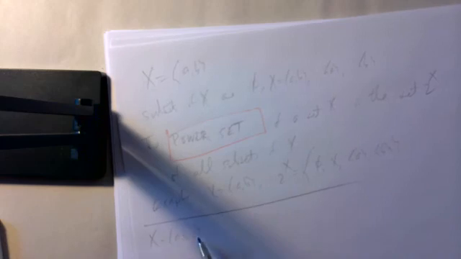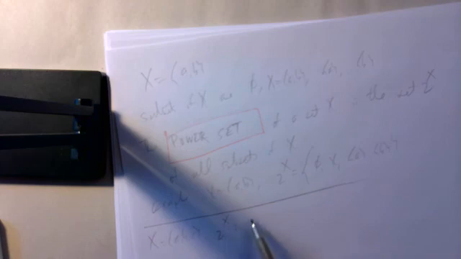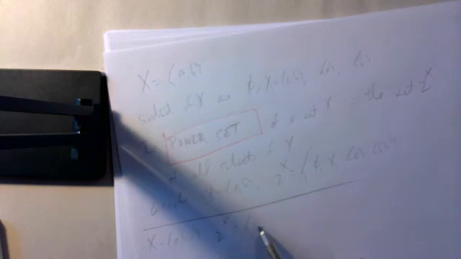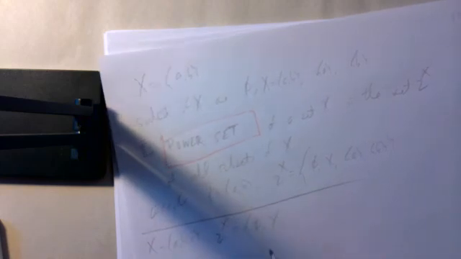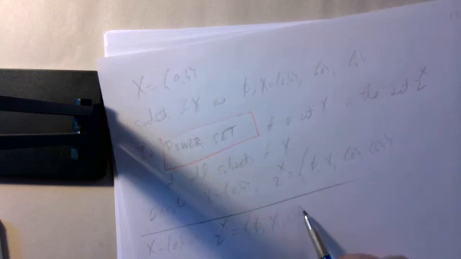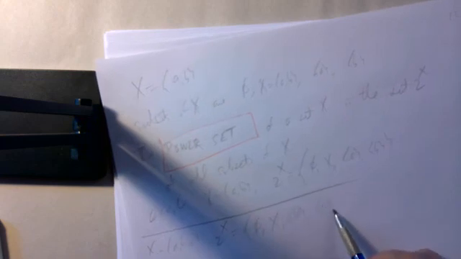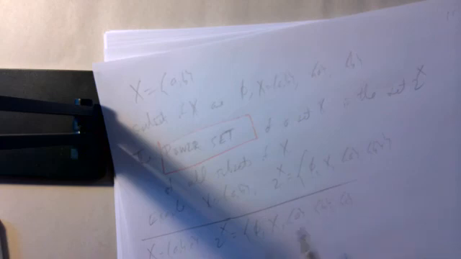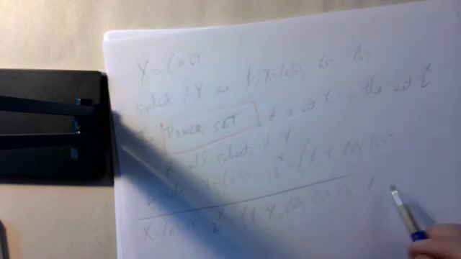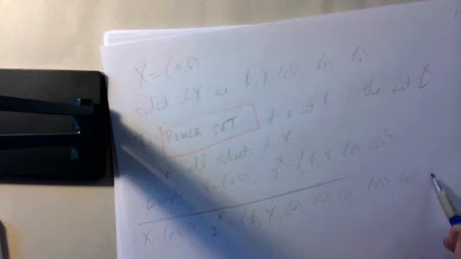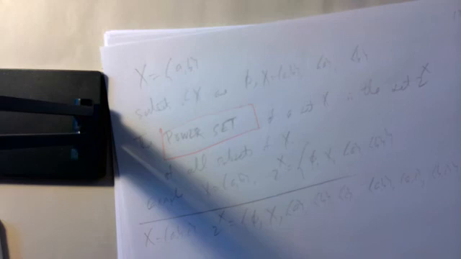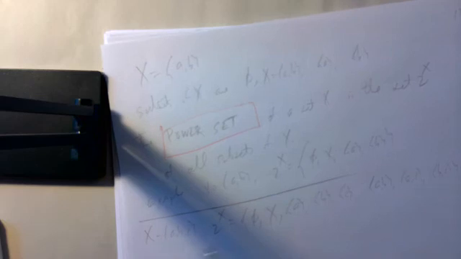Let's take another example. Suppose X has 3 elements, A, B, and C. So what are the subsets of X? You have the empty set and the whole set. You have 3 one-element sets. And you also have 3 two-element sets. And you notice X has 3 elements.